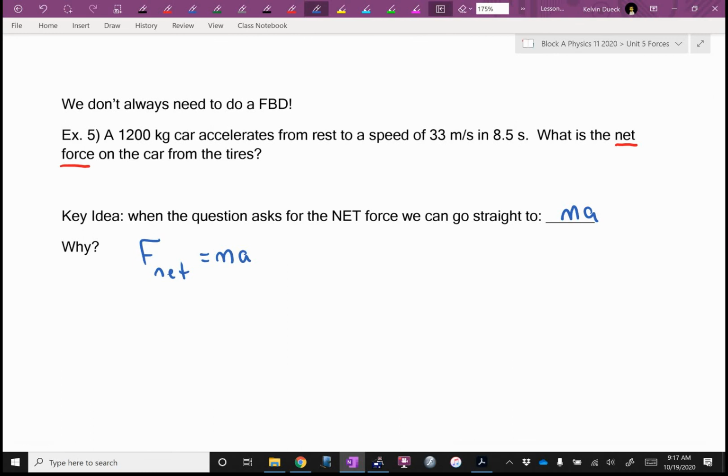Yeah. Did they give me an acceleration? No. But you're right, I can calculate it. So even though this question says find the net force, what's it really asking me to find? I'm going to calculate an acceleration. That's what I'm going to spend most of my time doing.